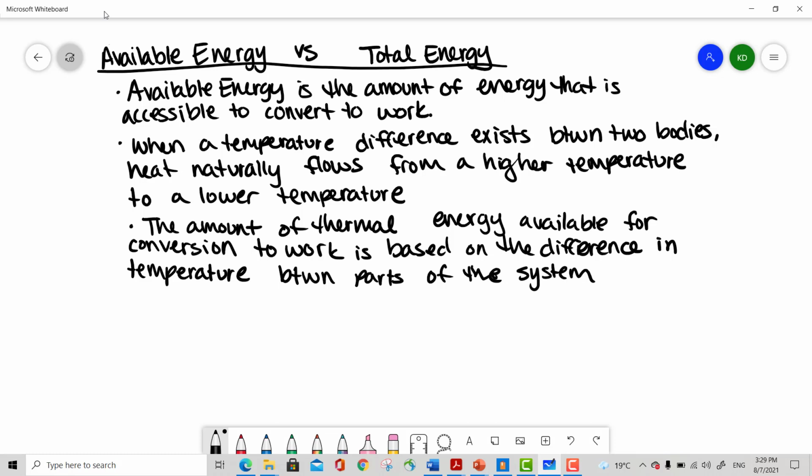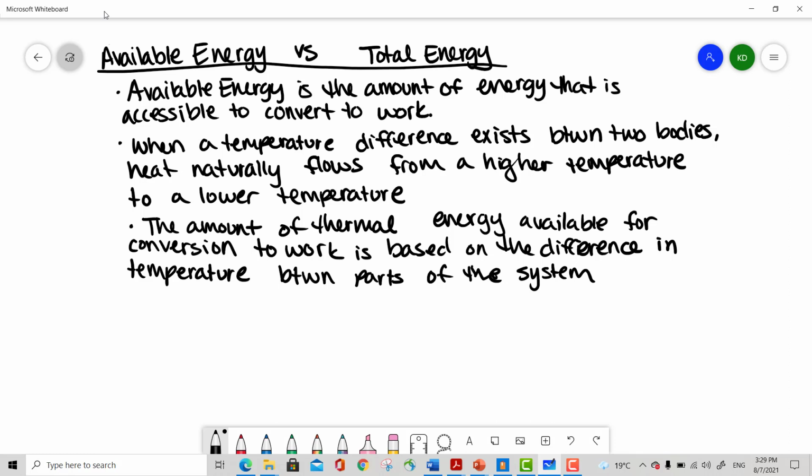Okay, so let's read that a little bit slower. The amount of thermal energy available for conversion to work is based on the difference in temperature between two parts of the system. So I want you to think of our cup example here.